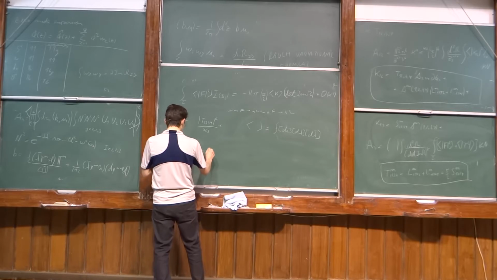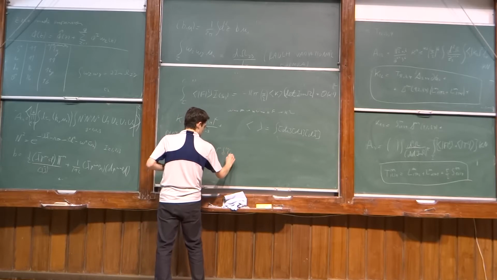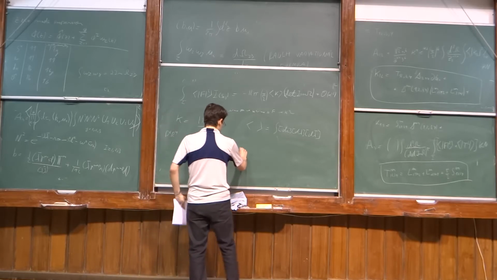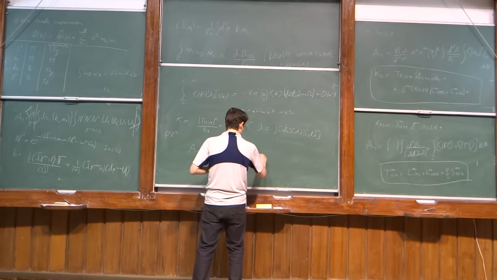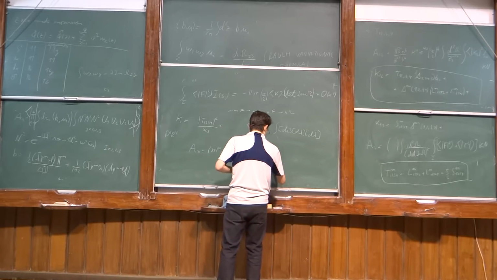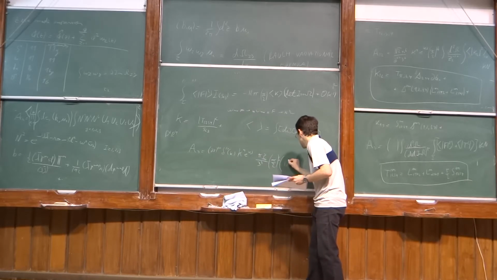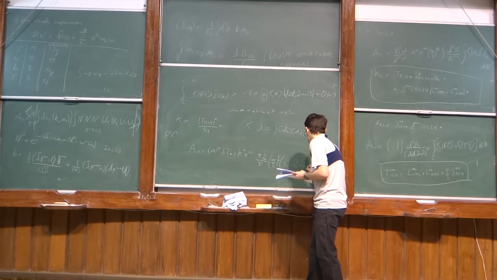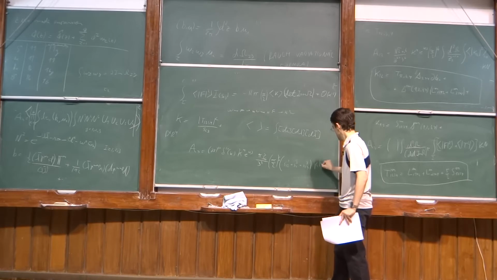A3 is equal to 2 pi, like that, 4 pi, 3, 2, 6, and then S12^2, S13^2, S23^2, K, K bar.